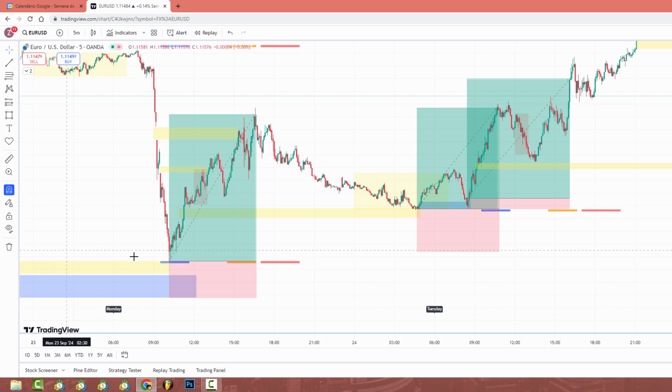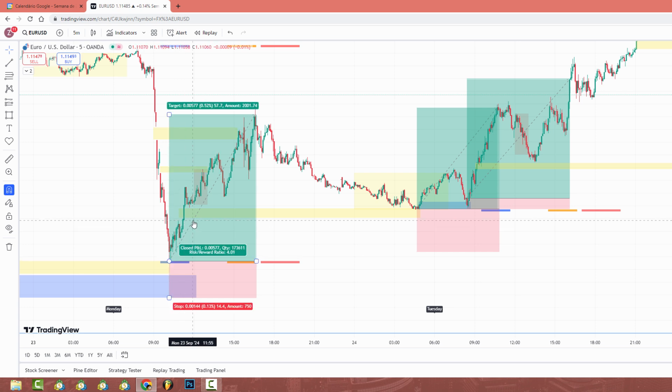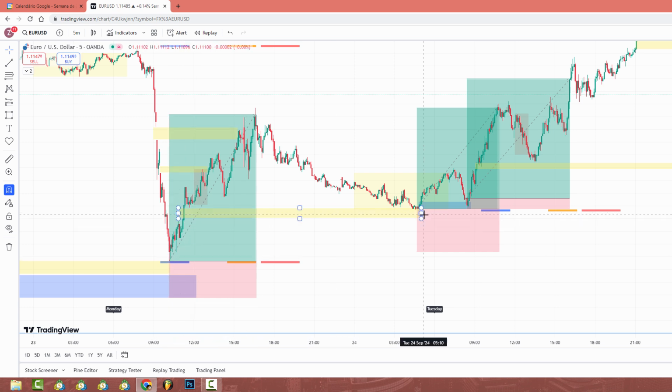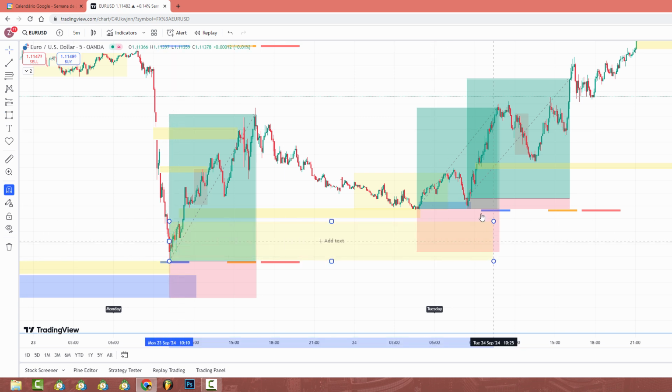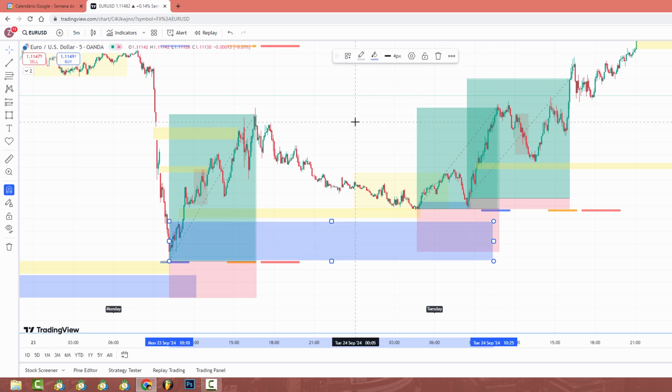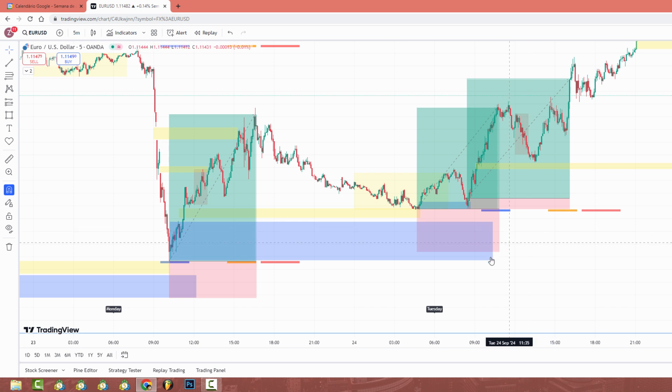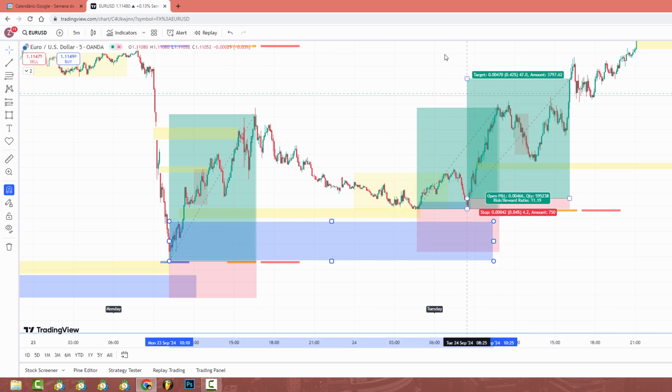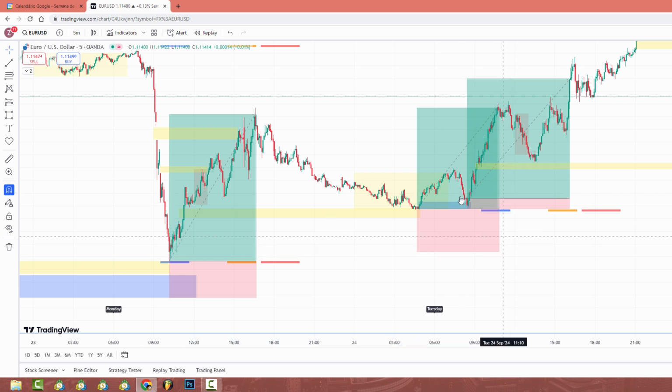That came to liquidity, retested here, so this might now be protected, and price retested again. It didn't come to the order block. But guess what? It came to the imbalance. Because again, the imbalance is the real support and resistance of trading.